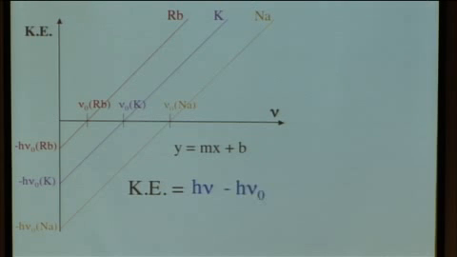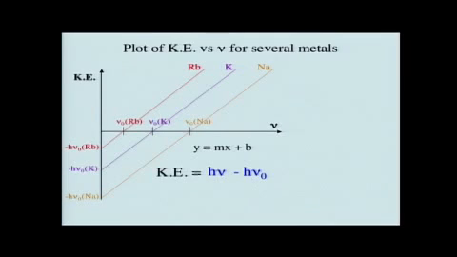And then we can plug in what b is, the y-intercept, because that's just the negative of h times that threshold frequency. So we have this new equation for the photoelectric effect, which is that the kinetic energy is equal to h nu minus h nu threshold of the metal.